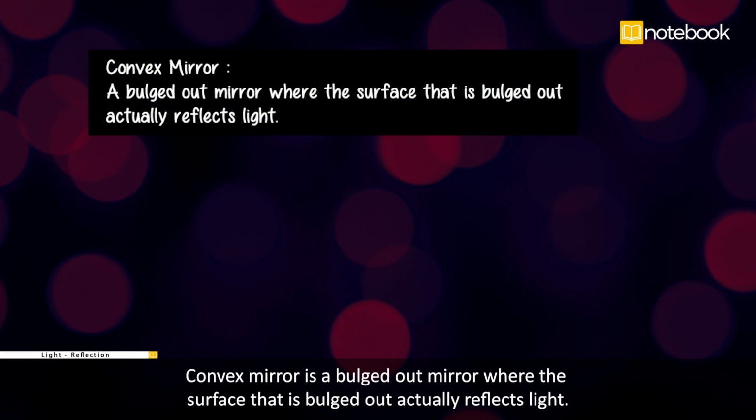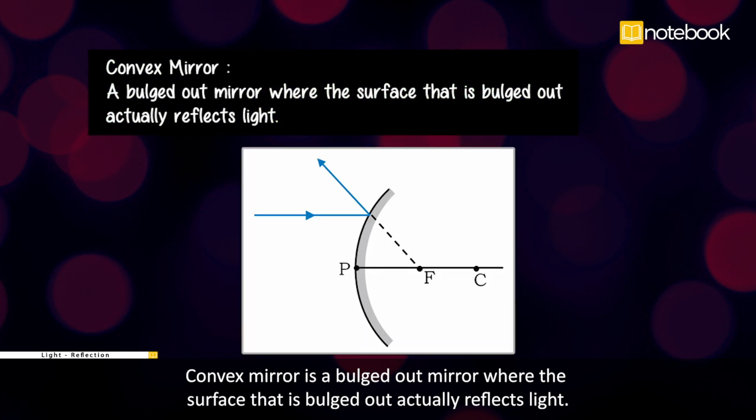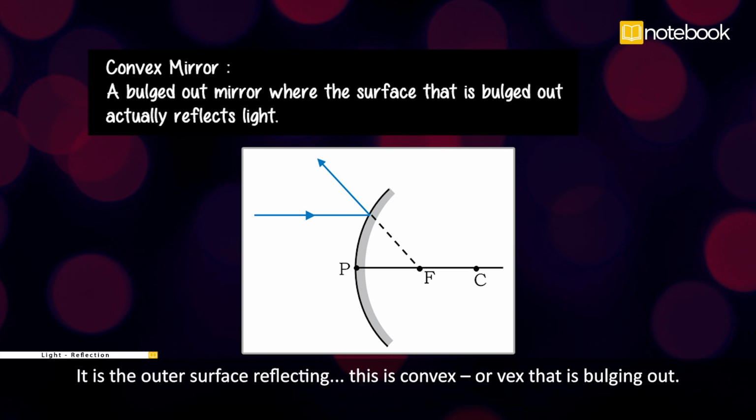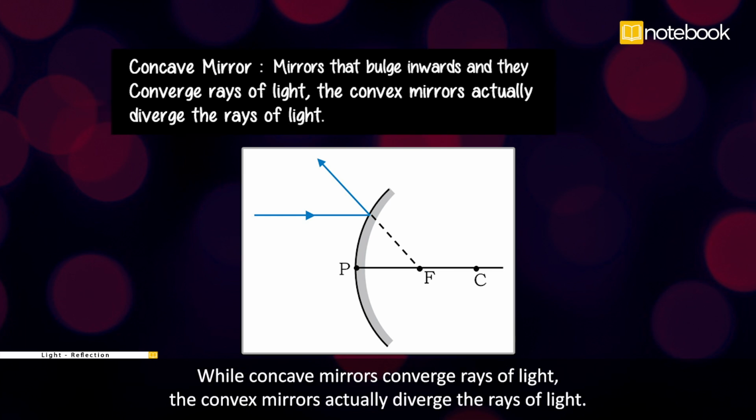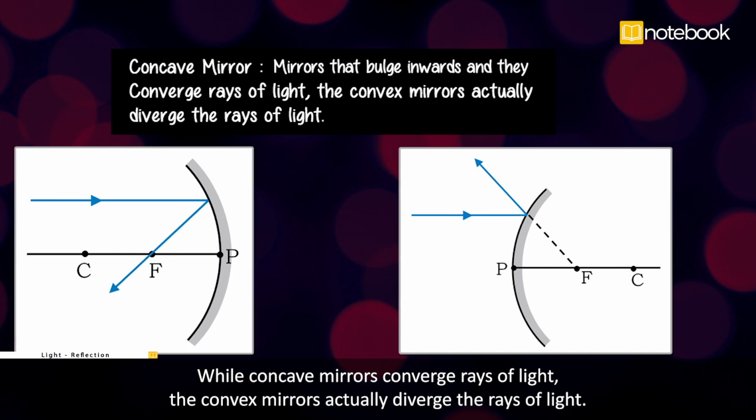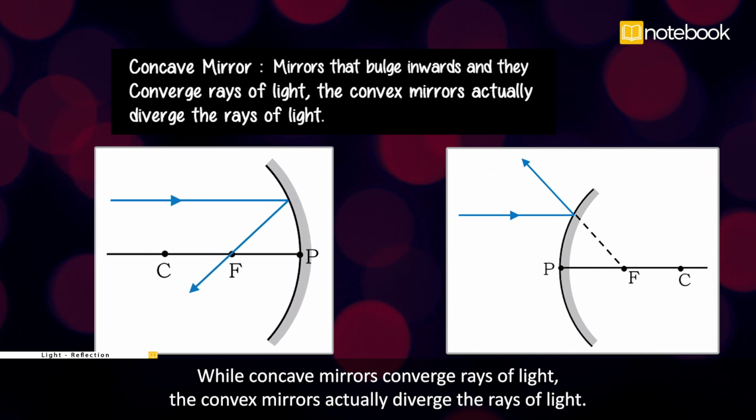Convex mirror is a bulged out mirror, where the surface that is bulged out actually reflects light. It is the outer surface reflecting. This is convex or vex, that is bulging out. While concave mirrors converge rays of light, the convex mirrors actually diverge rays of light.